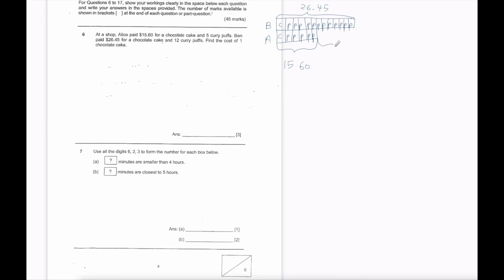So from here to here, it's just 26.45 minus 15.60, which is 10.85. Okay, so this just means that 7 puffs is 10.85.